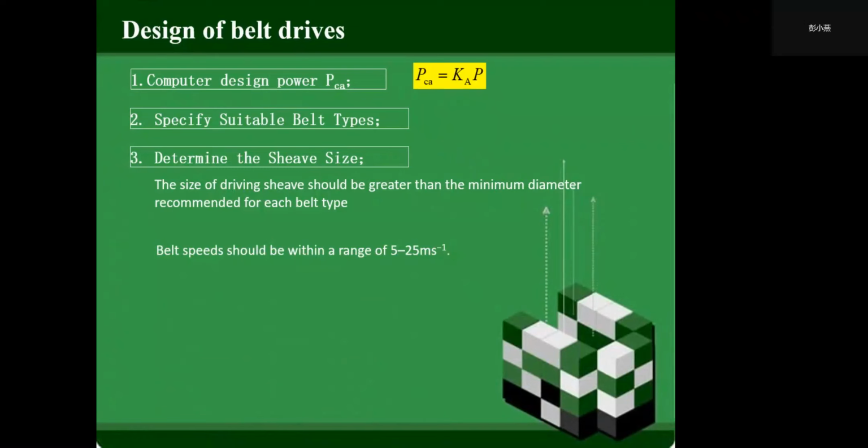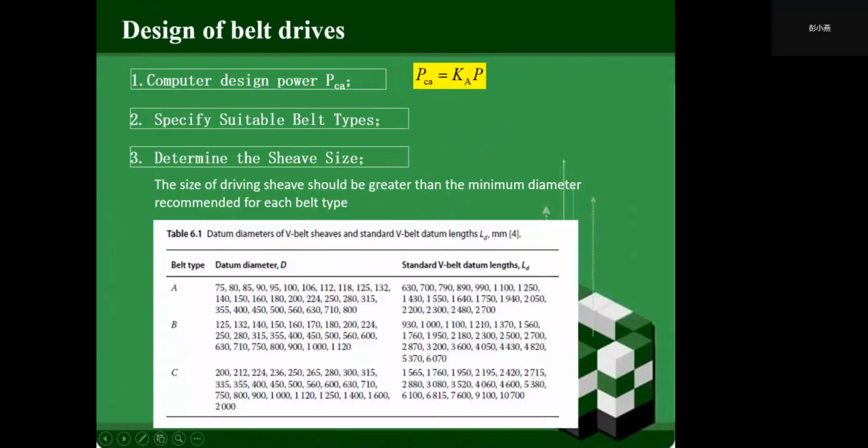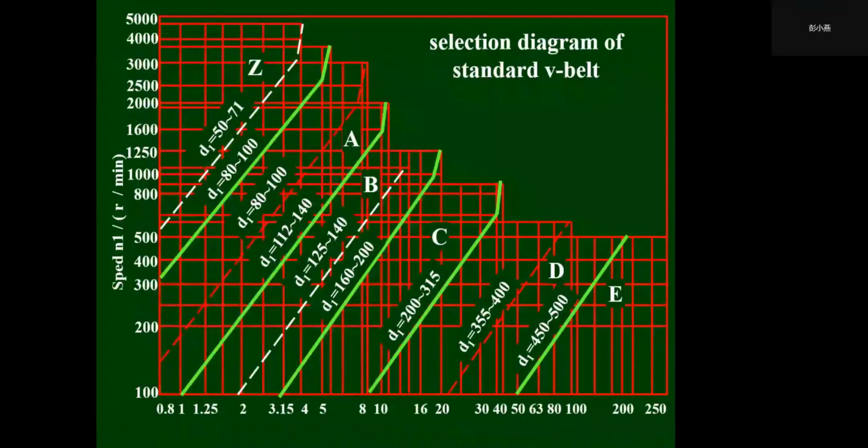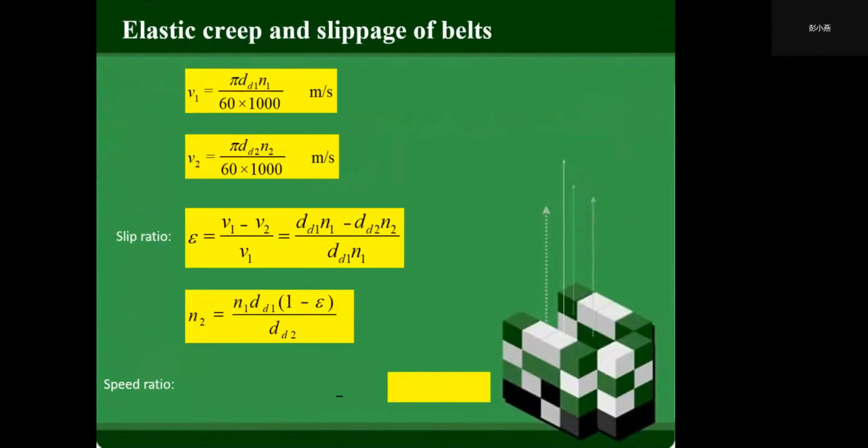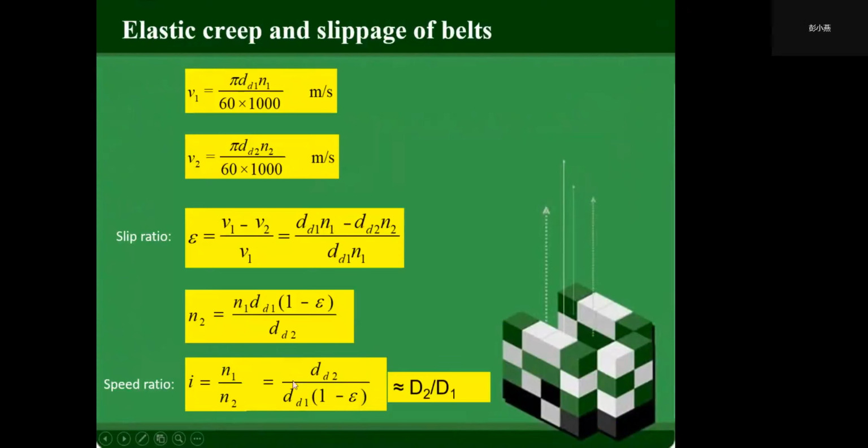And then we choose a driving sheave diameter, and then we should calculate the driven sheave diameter, D2. How to calculate D2? If we know D1, we can use the speed ratio to calculate D2.